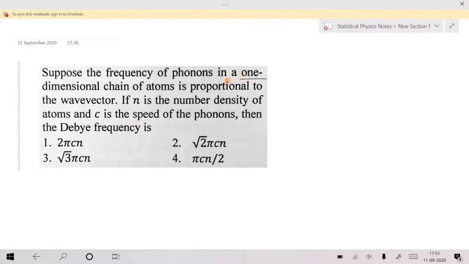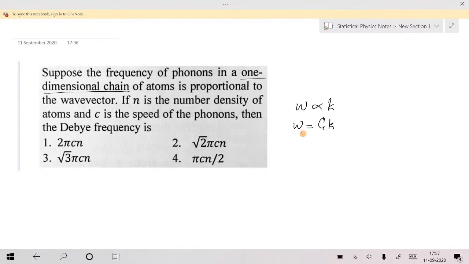He said one-dimensional chain, omega proportional to k, wave vector k. Let me write omega is equal to some constant into k. If n is the number density and c is the speed of the phonon, then the de Broglie frequency is.